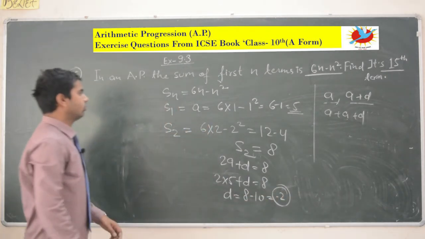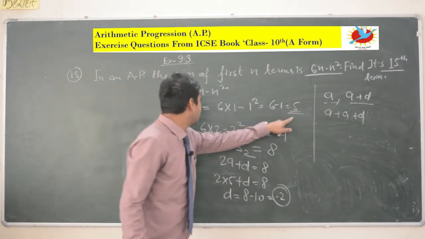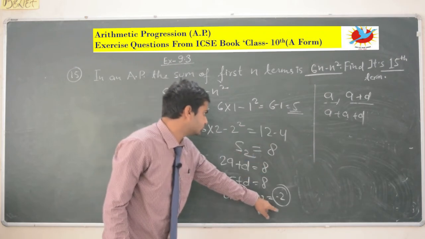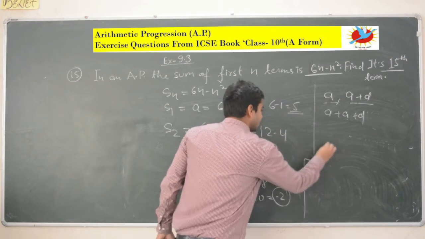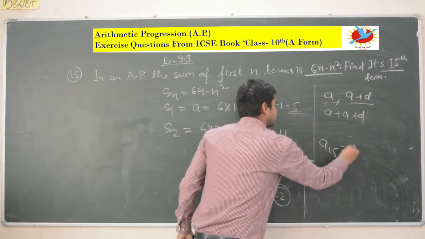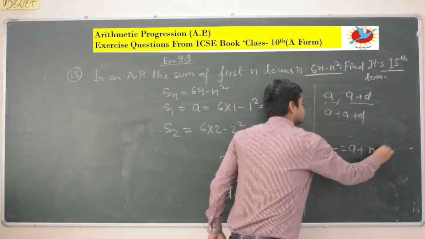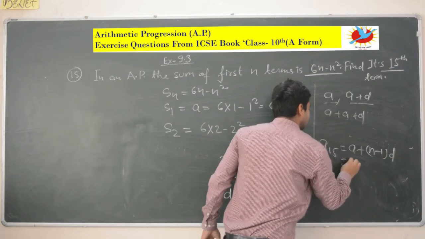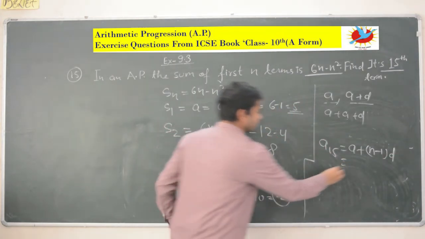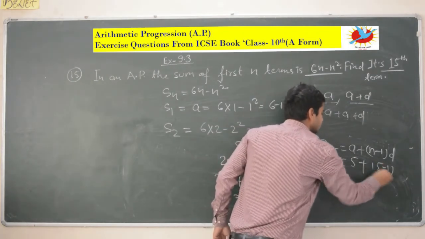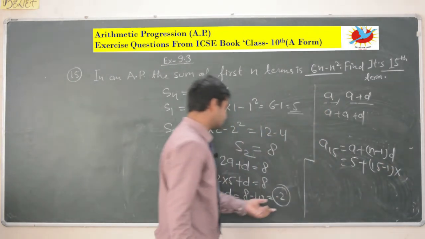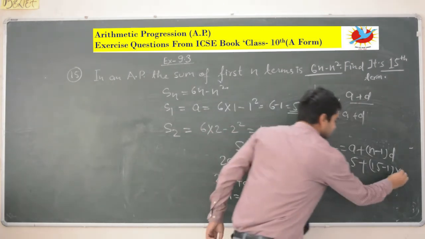So we got the value of a as 5 and the value of d as minus 2, and we have to calculate the value of the 15th term. So a15 will be equal to a plus n minus 1 into d. A is 5, n is 15, minus 1, into d, which is minus 2.